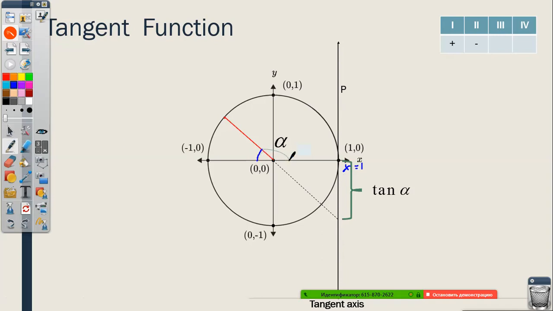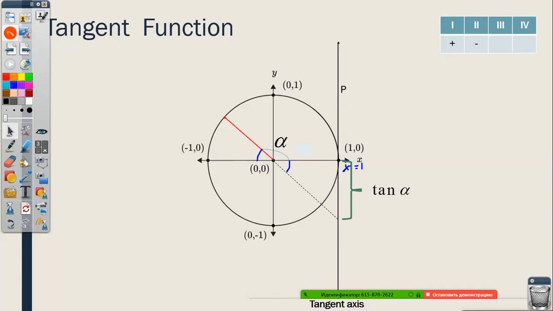This angle and this angle are equal, so this distance is the tangent of alpha. In the second quadrant, all values of tangent are negative.